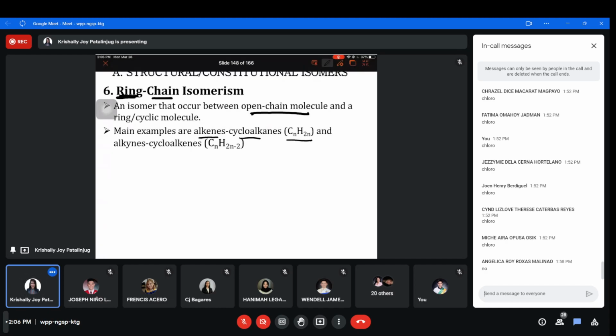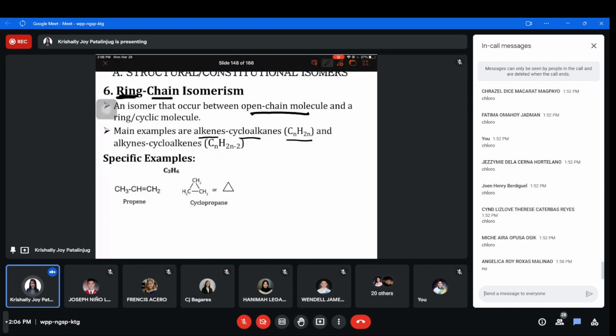So they are isomers kasi same yung formula nila, CnH2n. Only that, magkaiba yung structure. Yung alkenes, open chain. Yung cycloalkanes, naka-cyclic, walang double bonds, di ba? Walang multiple bonds present.